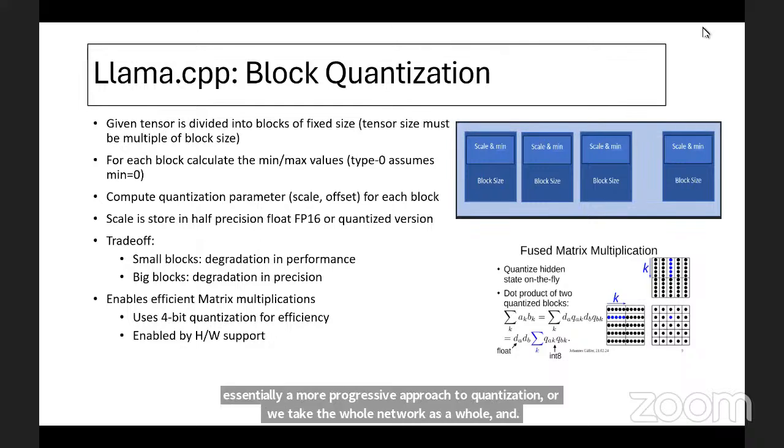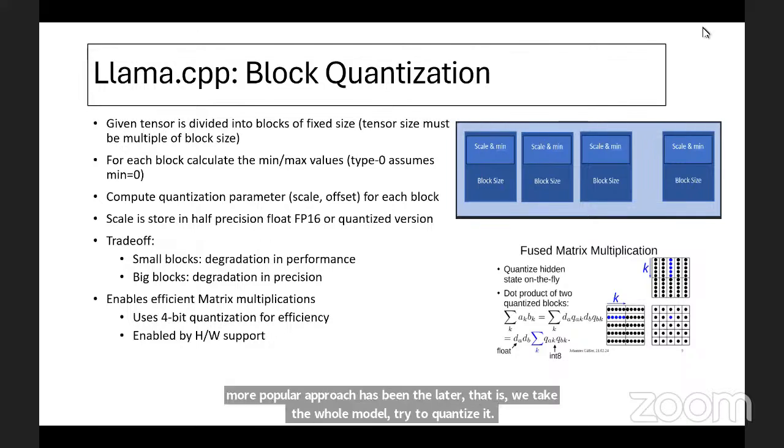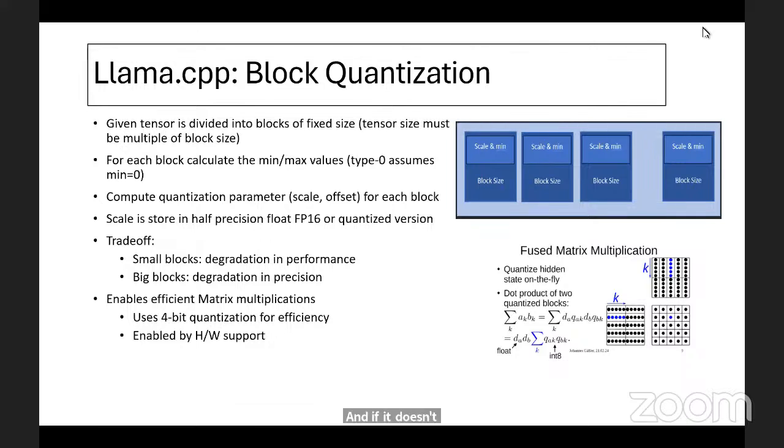So the more popular approach has been the latter, that is, we take the whole model, try to quantize it, and if it doesn't work, then we have some tools that help us identify, as I said, the problematic layers and see if we have to do mixed precision on those. Like, if we have identified that some softmax is causing the problem, then instead of quantizing it, we'll keep it in float and try to delegate it to CPU and see if it recovers the accuracy.